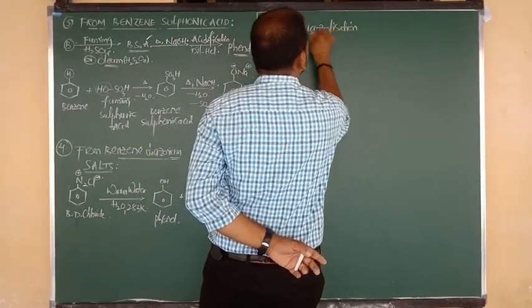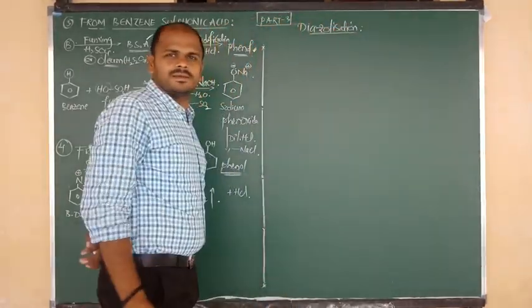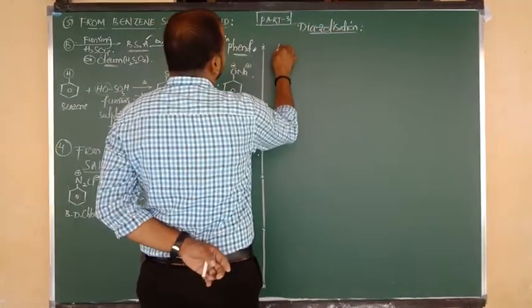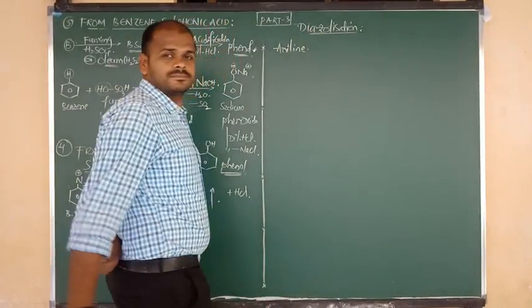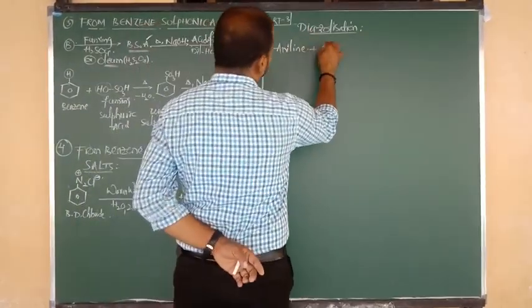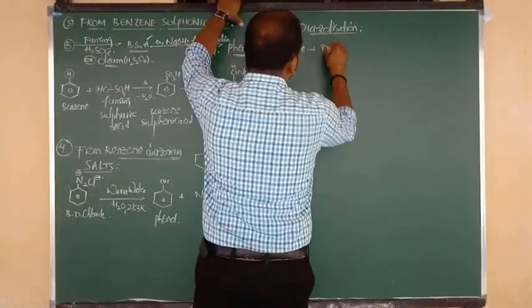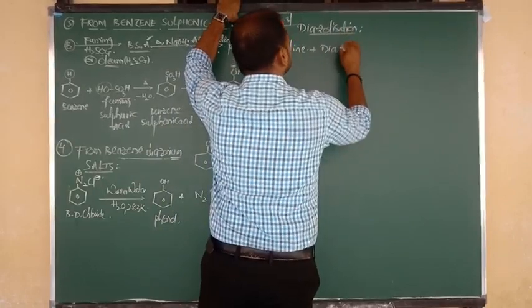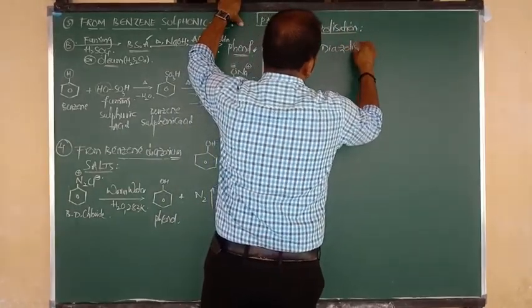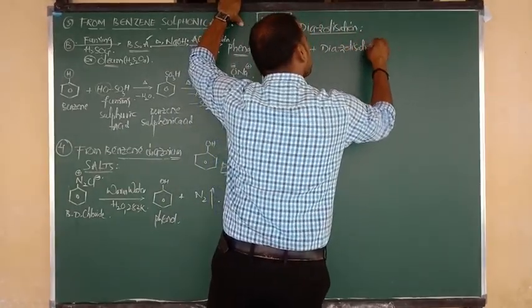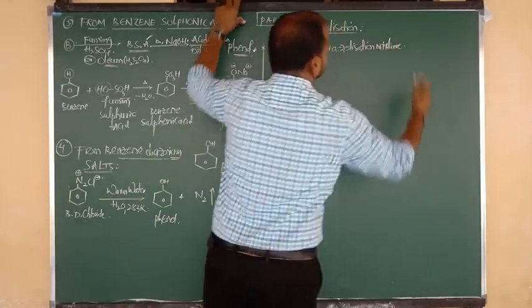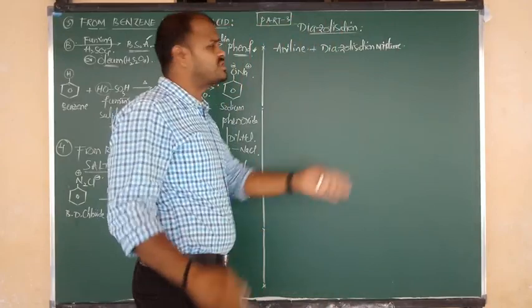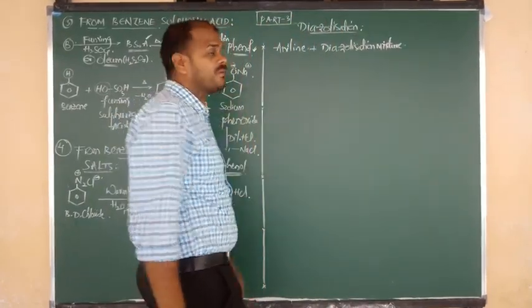Diazotization. First of all, we have to consider aniline. Aniline undergoes reaction with a mixture. The mixture name is diazotization mixture. I will give you the formula, don't worry.